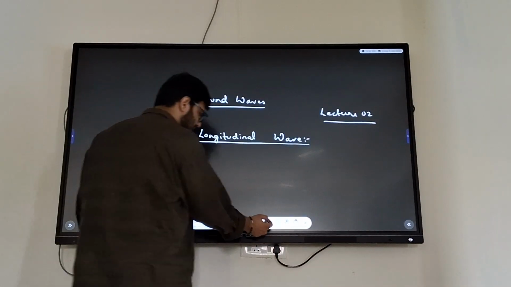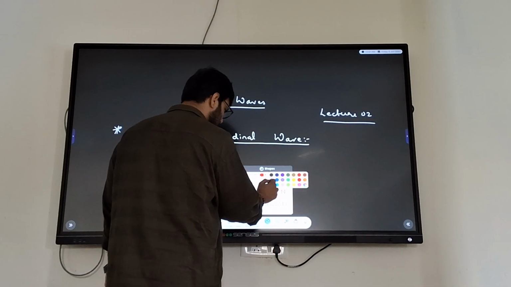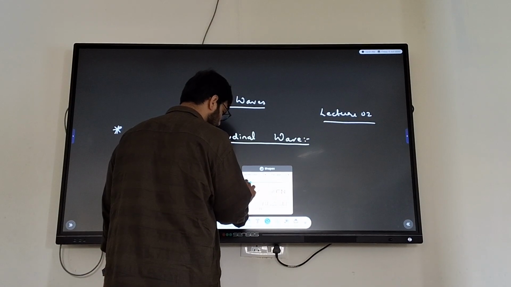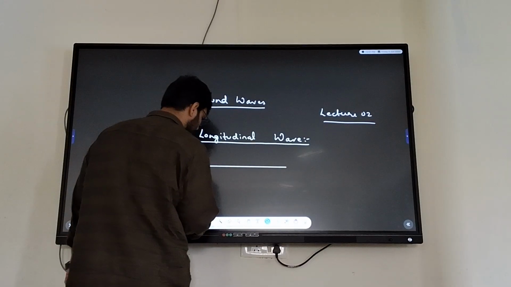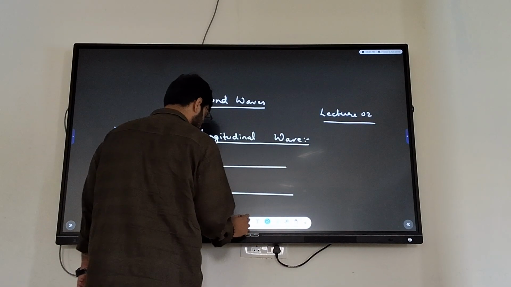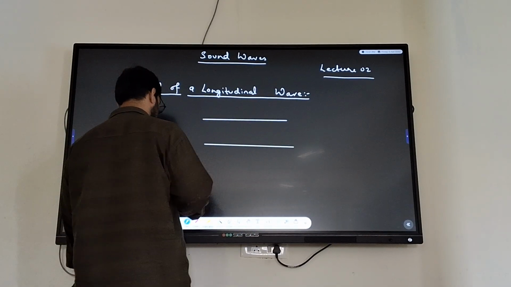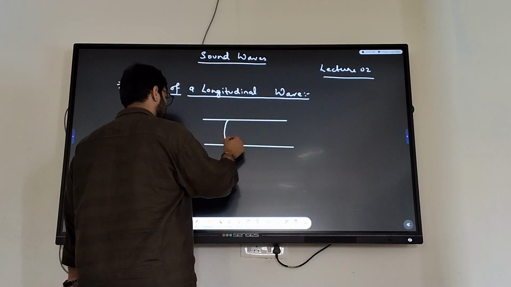Let's say I have a medium like this, and I am studying this cylindrical element of the medium.